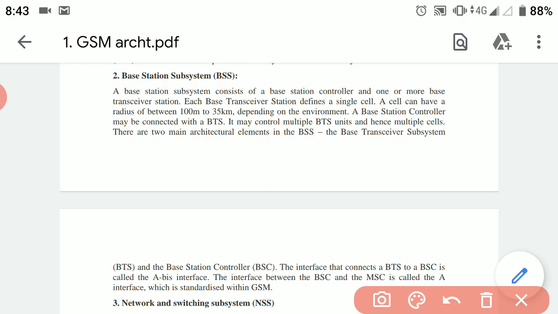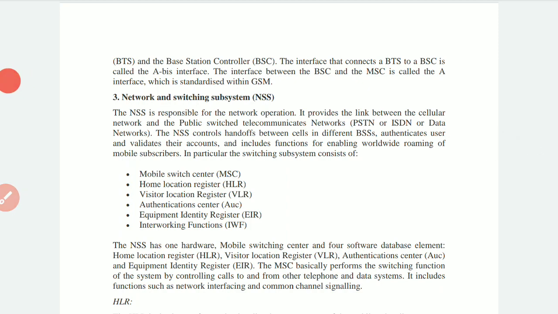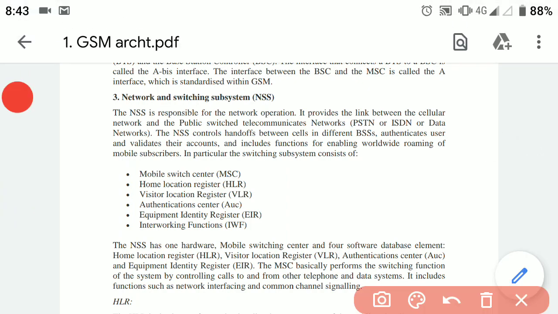Now the next important section in this GSM architecture is the network and switching subsystem. A network switching subsystem connects different networks. For example, we have to connect a PSTN network, ISDN network, or data network to any mobile user.